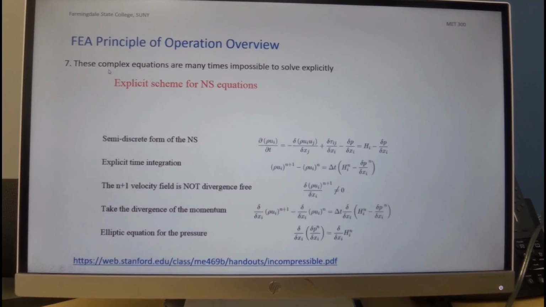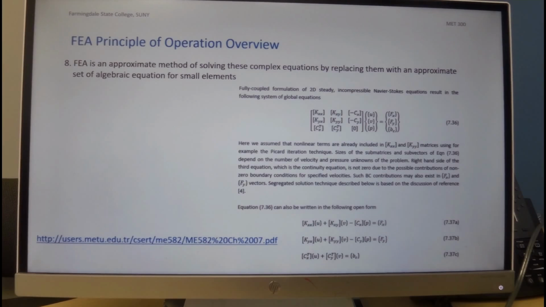The principle of solving these complex equations is many times related to numerical solution, like difference equations or finite element analysis equations, and the reason is because the explicit solution is extremely difficult to obtain for nonlinear cases with difficult boundary conditions, and not to mention transient solutions.